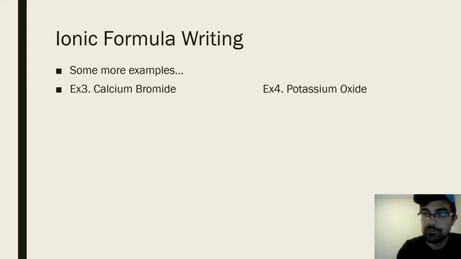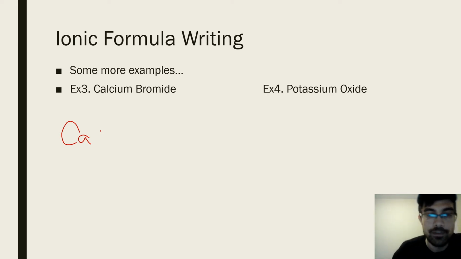Now, a couple more examples. I'm not sure these ones were in your notes, but just a couple more for practice. So for one, calcium. Now if you look it up, it's in group 2, so it's got 2 valence electrons.